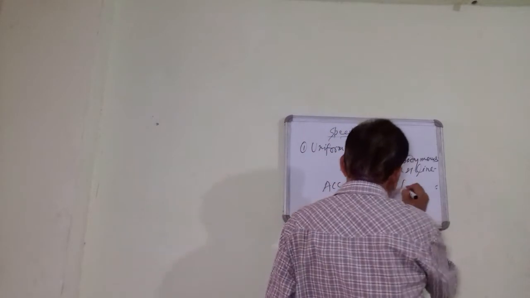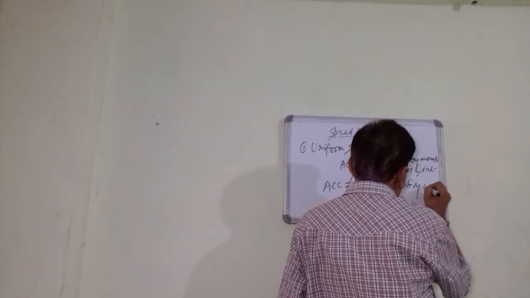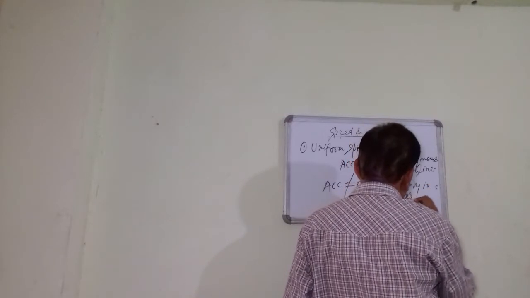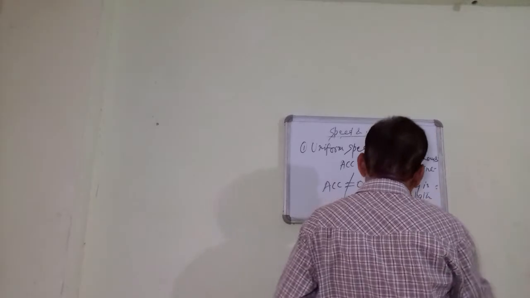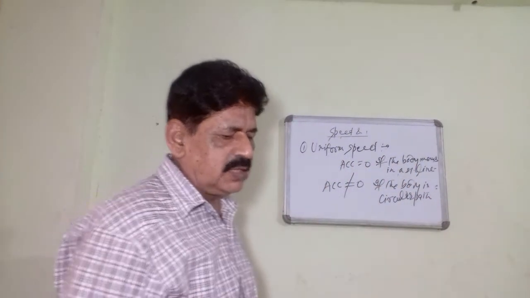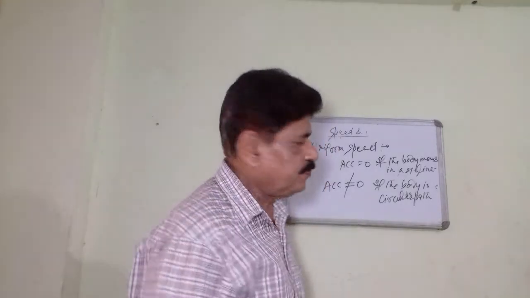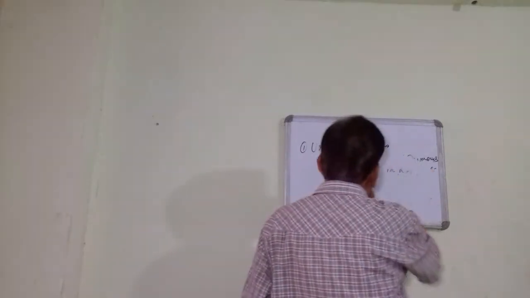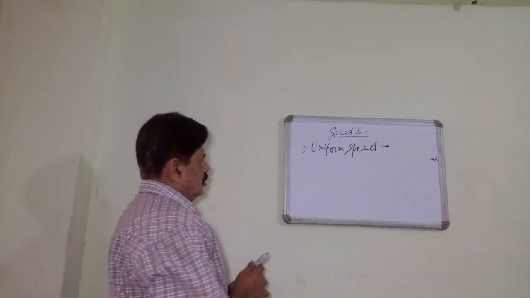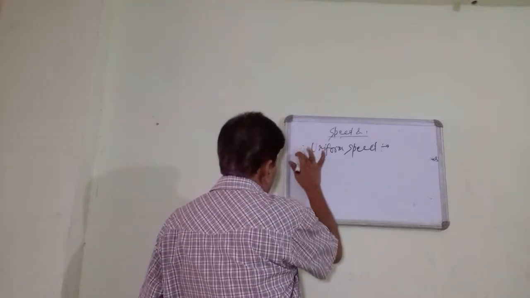If the body moves in a circular path, in this case acceleration is not equal to zero, although the speed is constant. Next is non-uniform speed.